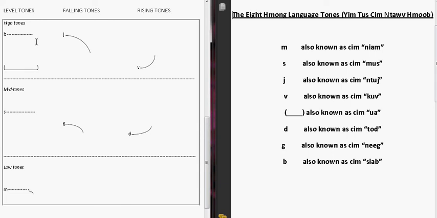Starting at the top again, B, ji xie. You can refer to the list on the right-hand side to help you out. Ji xie, ji xie. It's pretty level. Xie.